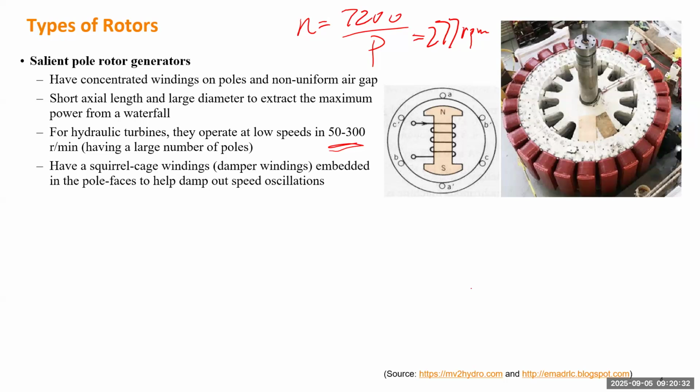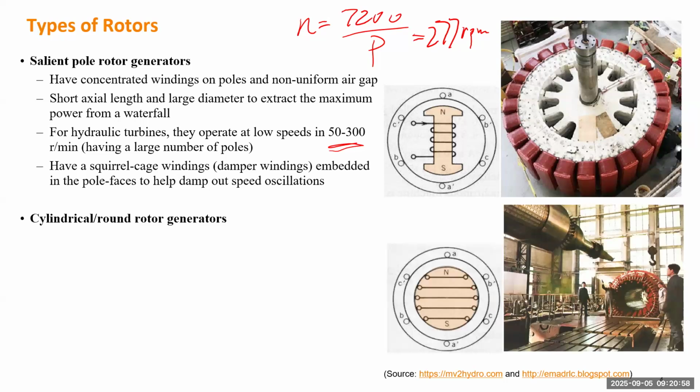The damper winding is isolated from either the field winding circuit or the stator winding circuit. It's like a squirrel cage design, with maybe high resistive material. So if oscillating, there will be current induced in the damper winding. That damper winding will convert the oscillatory energy into heat, which helps damp the oscillation.